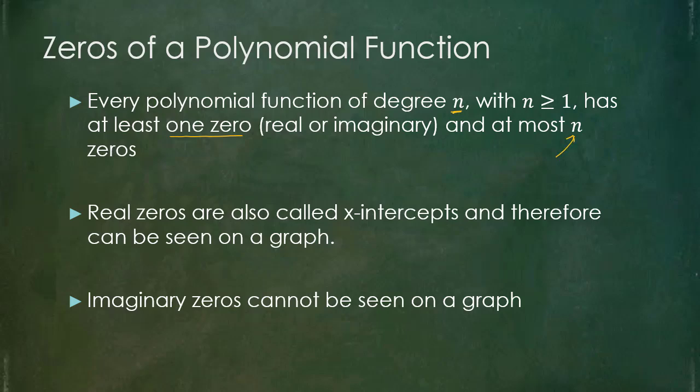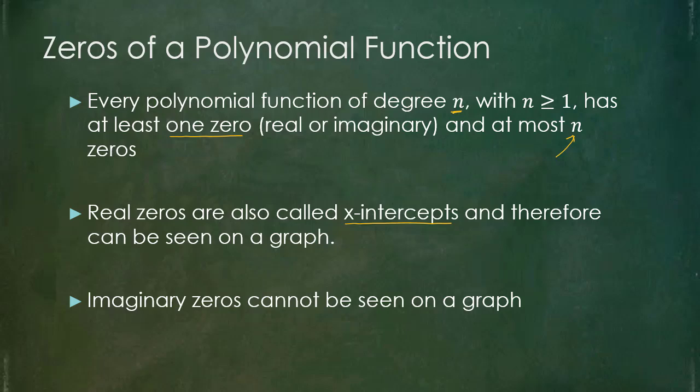So if I had a polynomial of degree 5, I know I have at most 5 zeros, and it could be a combination of real numbers as well as imaginary numbers. Now, all real zeros that we identify are physically what we call an x-intercept, which means I can actually see where it exists on a graph.